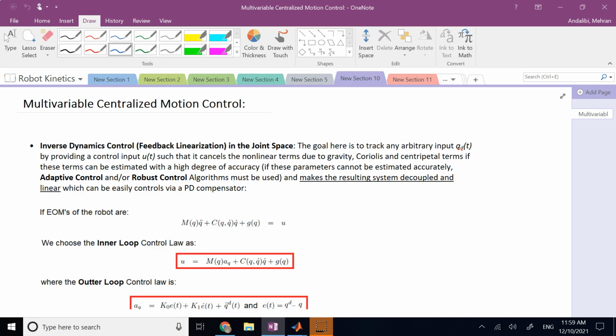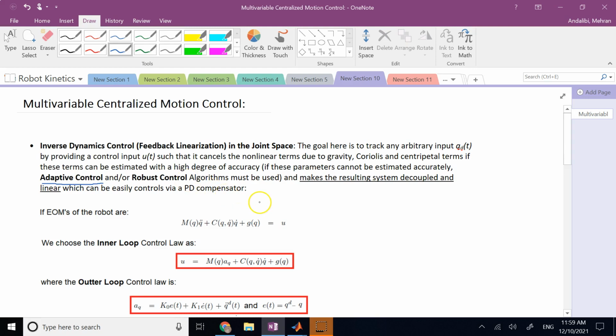If we don't, then a lot of the computations that we do here, which are based on feedback linearization, will not do their job properly, and that's where you have to either do system identification and try to estimate those to a good degree of accuracy, or come up with other methods of control like adaptive or robust control. In adaptive control you try to estimate the parameters of the system at the same time that you control the system. In robust control, you try to design such that to some degree of variation in the parameters, your system can maintain its performance.